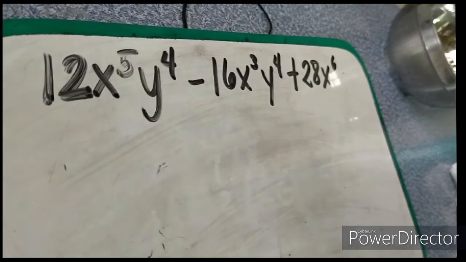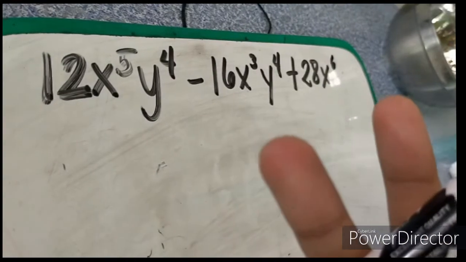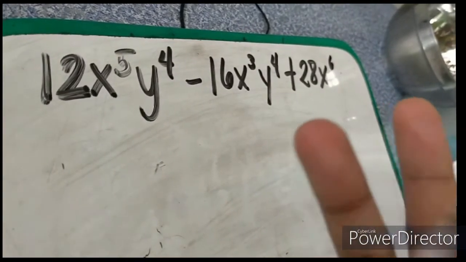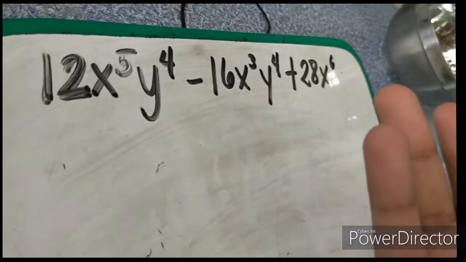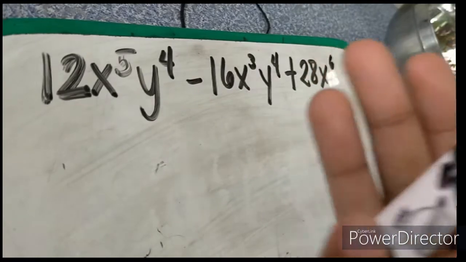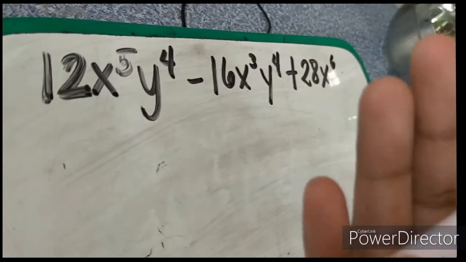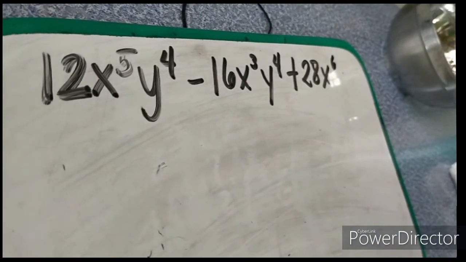Again, first step, find the GCF. Second step, find the least common variable. Third step, combine the GCF and the common variable. And the last step is to divide to find the factor of this original polynomial.